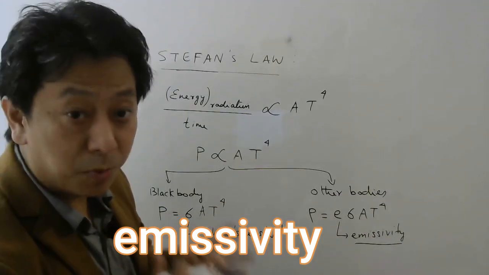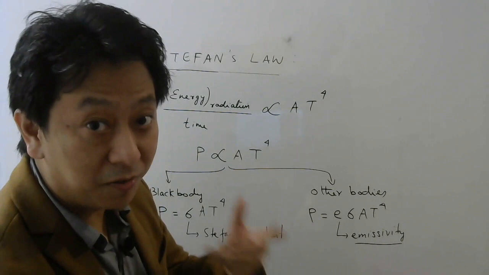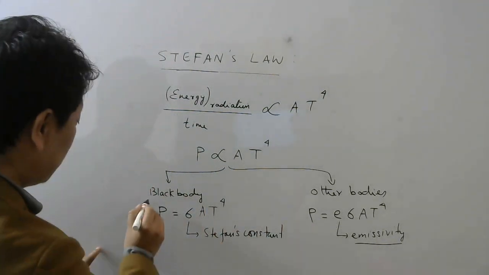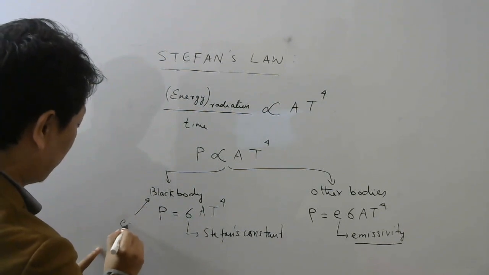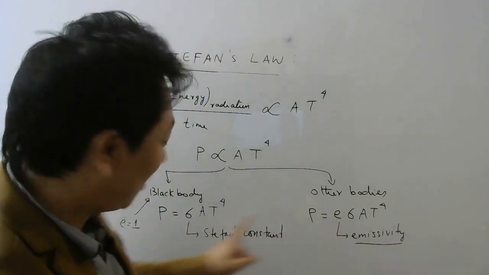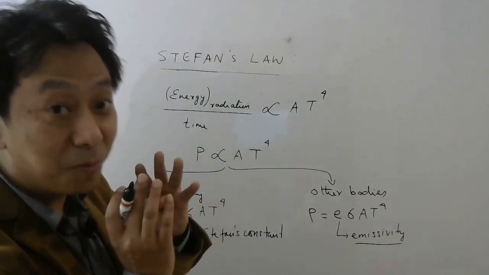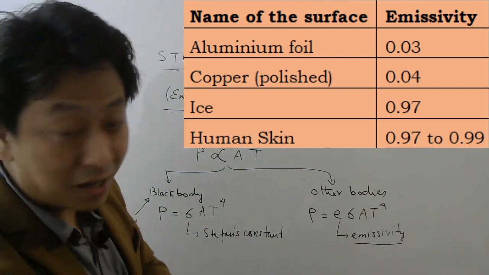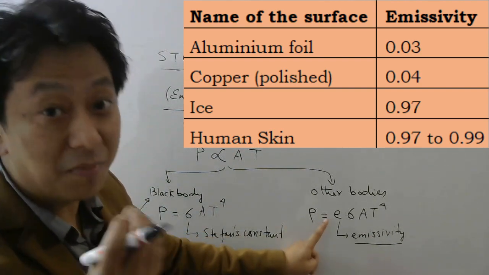Emissivity. Now in problems where they mention black body very clearly, then you can use directly this formula, where emissivity of a black body will be how much? Obviously 1, because by putting E equal to 1 you will get this formula, right? So for black bodies emissivity will be 1. For other bodies, okay, emissivity will be given as some number.